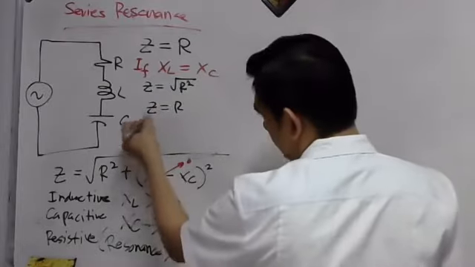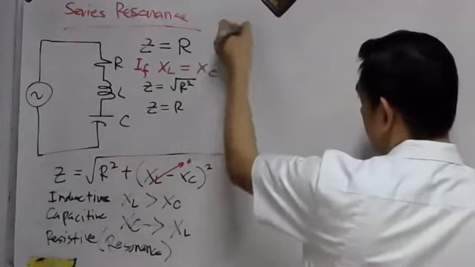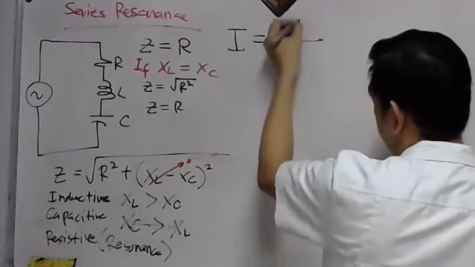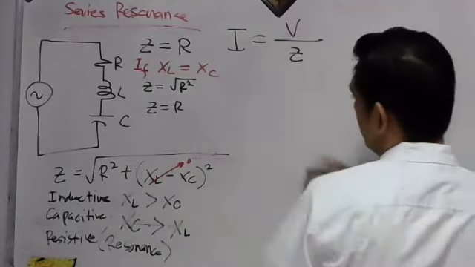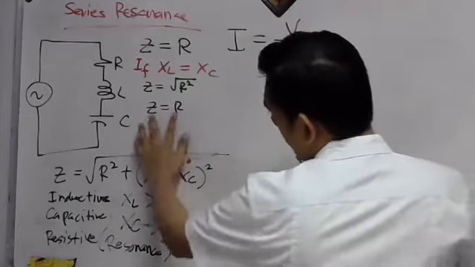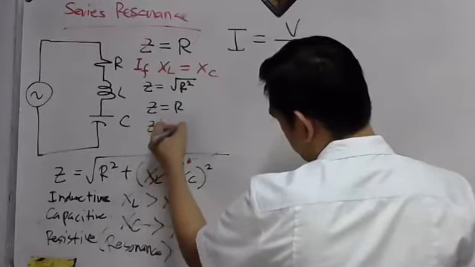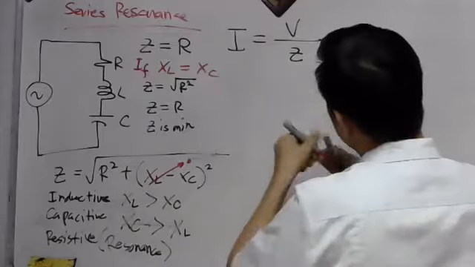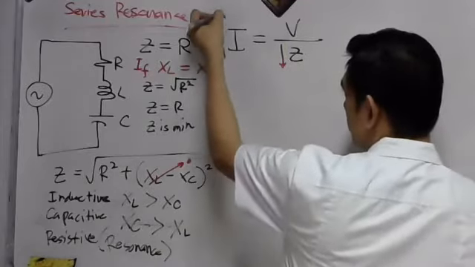What do I mean by this? So we have the basic formula in AC circuit, voltage divided by impedance. That is our current. No? It is where our impedance becomes minimum, to become maximum current.